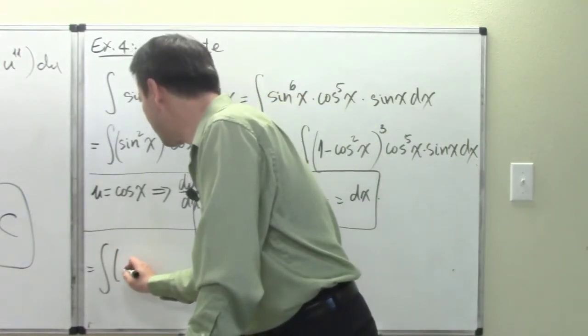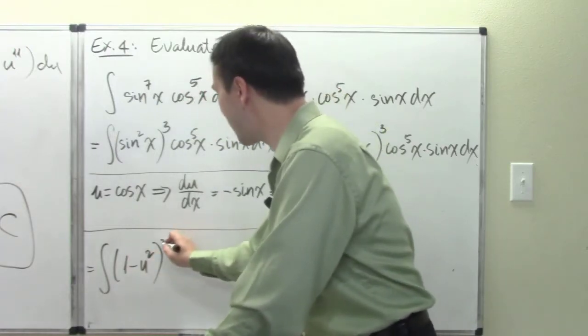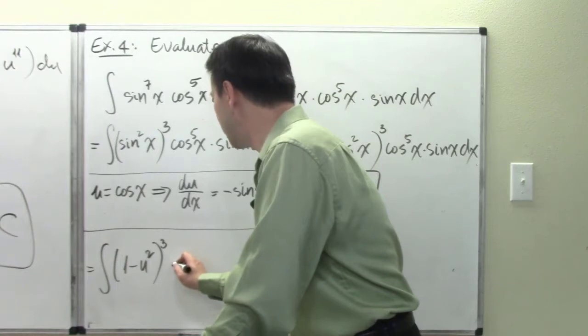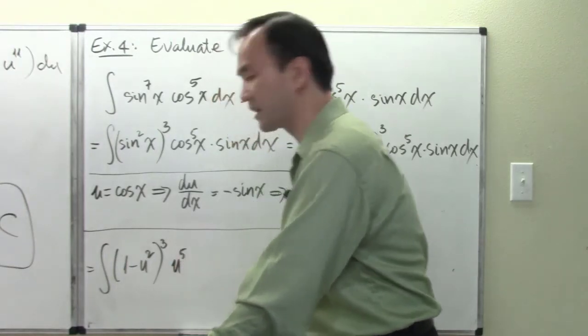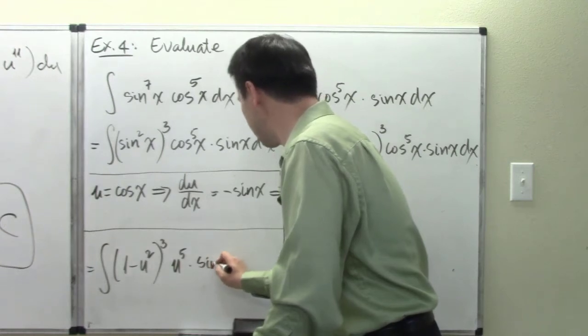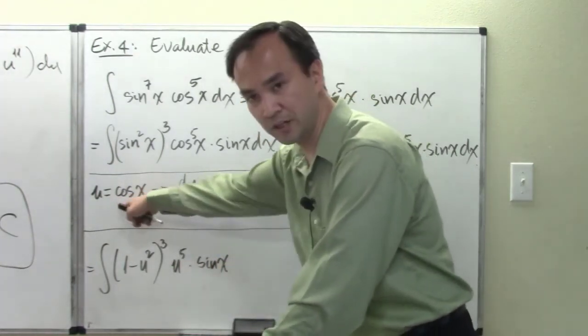So now it's going to produce 1 minus u squared to the 3rd power, and then times u to the 5th power here, and then times the sine of x. This sine did not get a substitution because the substitution went for the cosine.